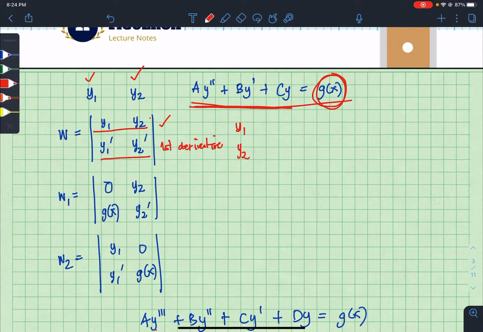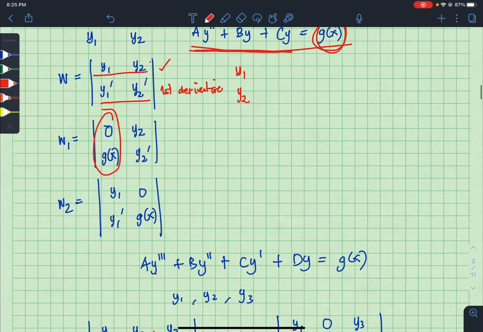So our first column would be 0 and g of x. The last row will always be our g of x, and any row above that g of x would always be 0. So that is how we use Cramer's rule. We're just going to change the first column by 0 and g of x.